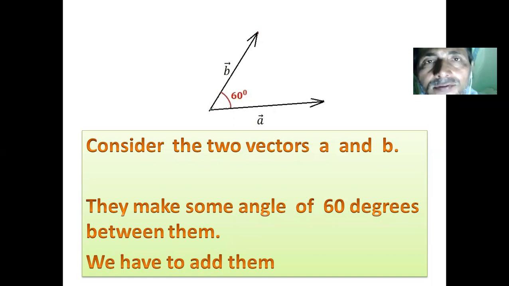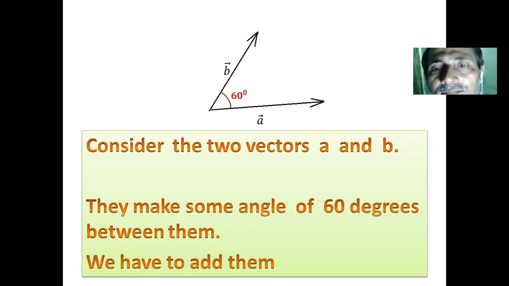Okay, welcome again to the session on the preliminaries about the vectors. As you are seeing on the screen, there are two vectors, vector A and vector B. These two vectors are drawn as arrows, and they have their tails coincident at one point.